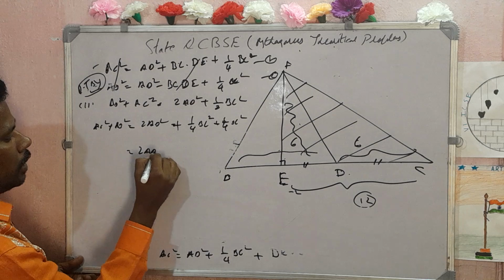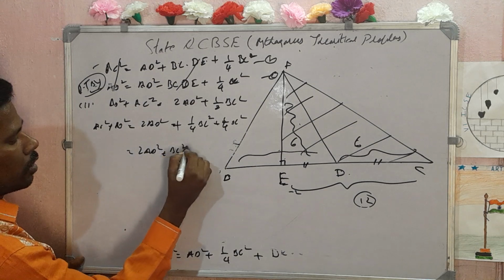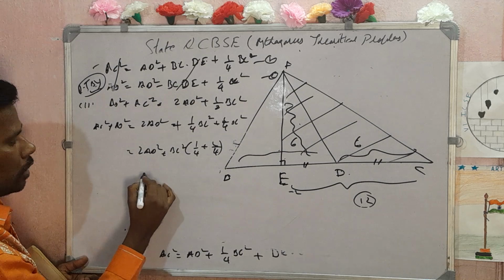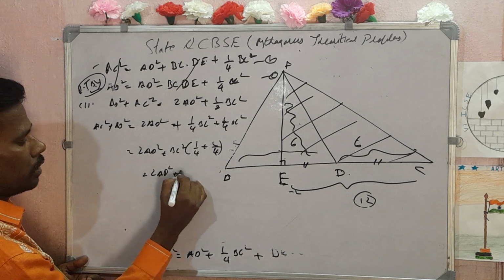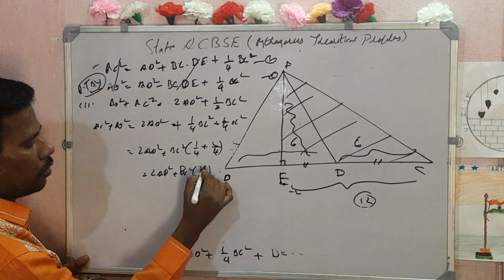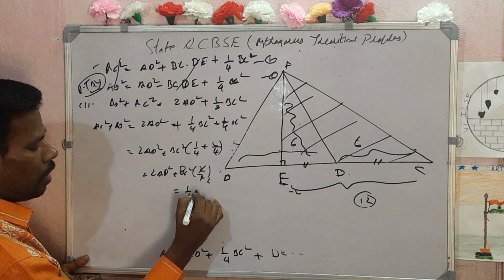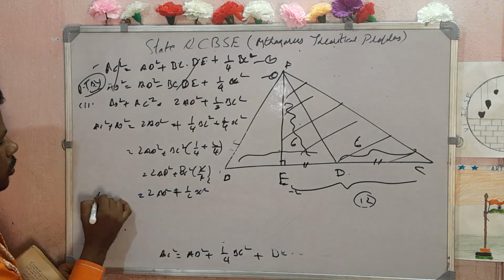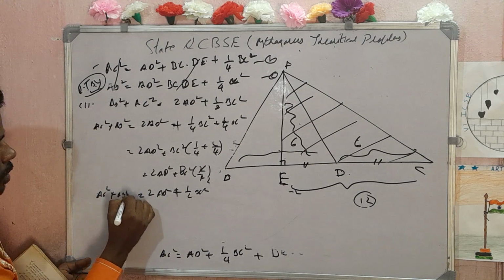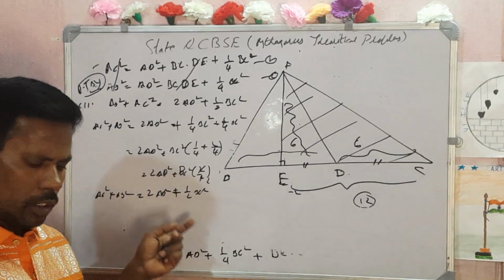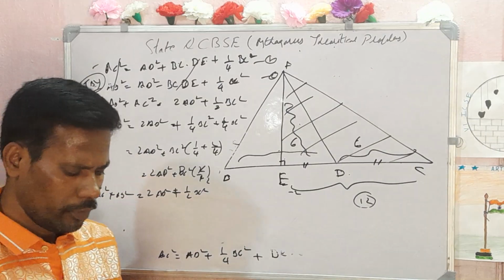So 2 times AD square, take BC square common, 1 by 4 plus 1 by 4 is 2 by 4. So half of BC square plus twice AD square is equal to AC square plus AB square. So in this way this problem finishes.